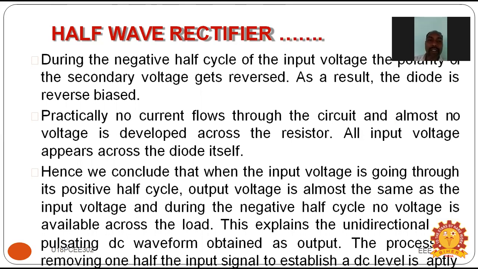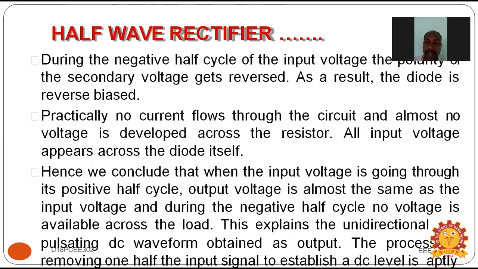All the input voltage appears across the diode itself. Hence, when the input voltage is in its positive half cycle, the output voltage is almost the same as the input voltage, and during the negative half cycle, no voltage is available across the load.